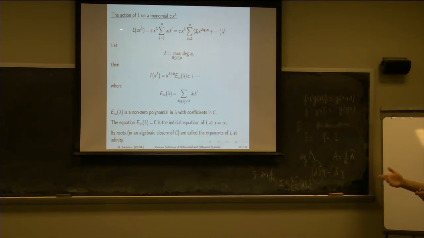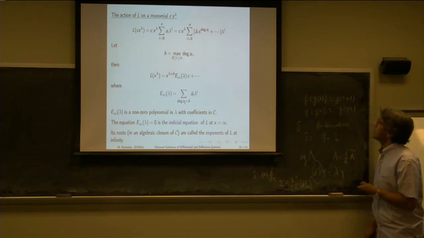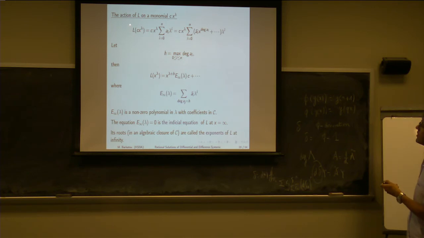as a polynomial is a sum of monomials, to look at the action of L on a monomial. So when you compute L of c x^lambda, x^lambda is an eigenfunction for theta. Theta of x^lambda is exactly lambda x^lambda. If you compute L of c x^lambda, where c is a constant, and denote by h the maximum degree of the coefficients of L, then it's easy to see that L of x^lambda is a power series in 1 over x.